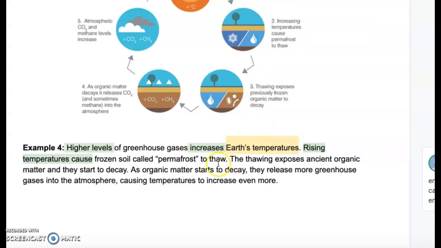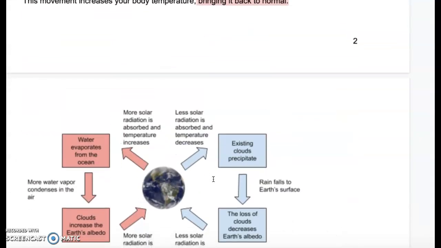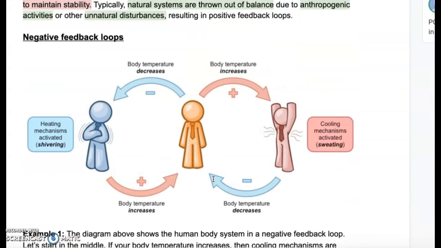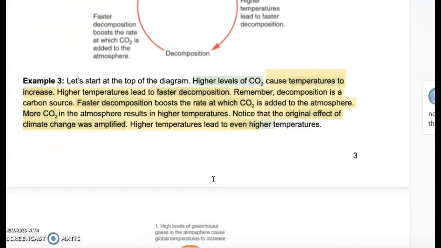The thawing exposes this matter. As organic matter starts to decay, they release more gases into the atmosphere, causing temperatures to increase even more, right? They don't go back to normal like they did with this negative feedback loop, right?